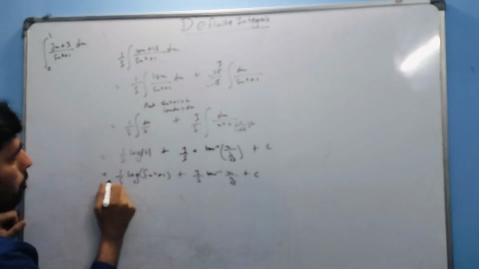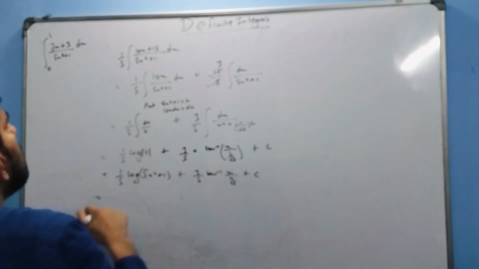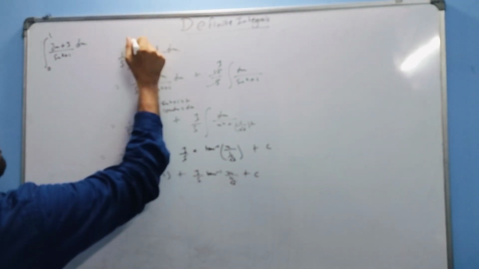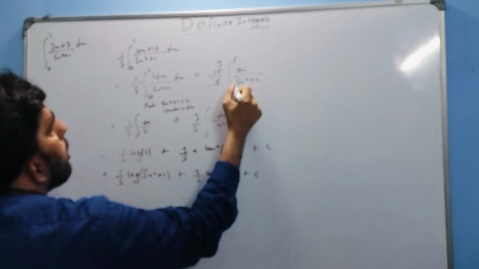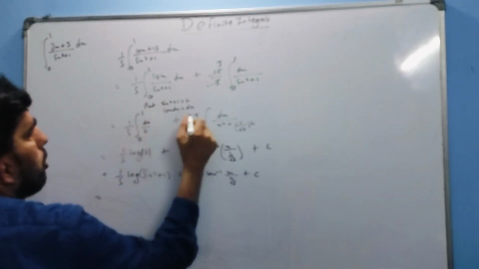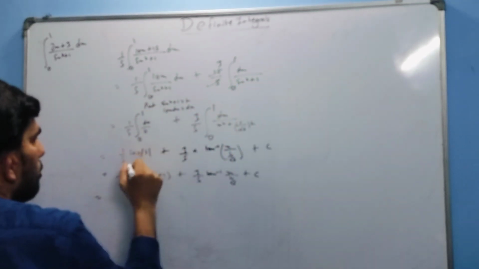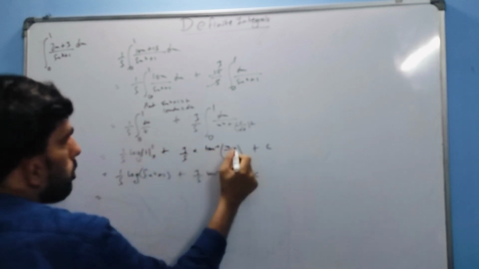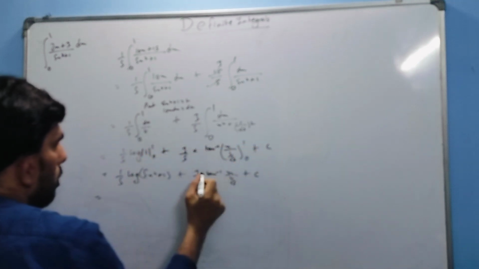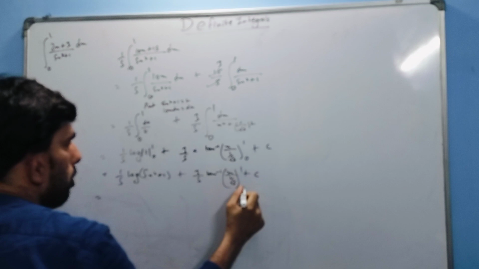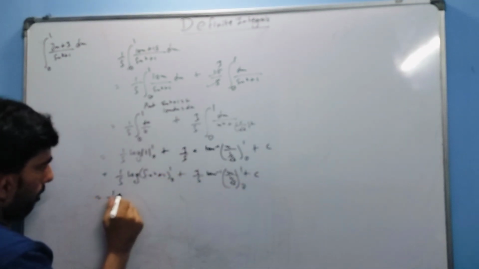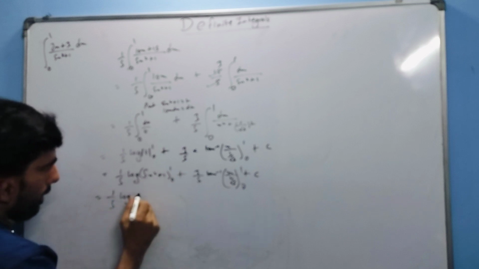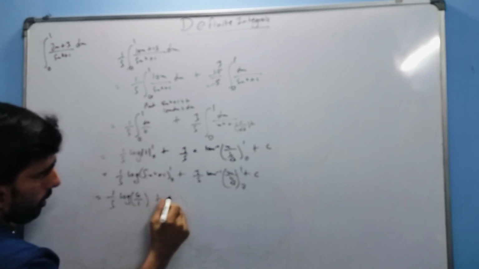Now I can put the values of the limits, that is 1 and 0. So I got 1 upon 5 log of (5 + 1), which is 6, plus 3 upon 5.